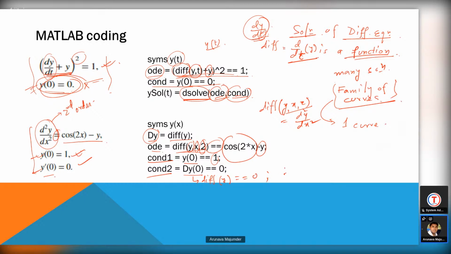You can also write this here. With these two conditions, now you use y(t) equals dsolve(ODE, condition 1, condition 2). If you use this command, MATLAB will give you the solution. So let us go to MATLAB now.